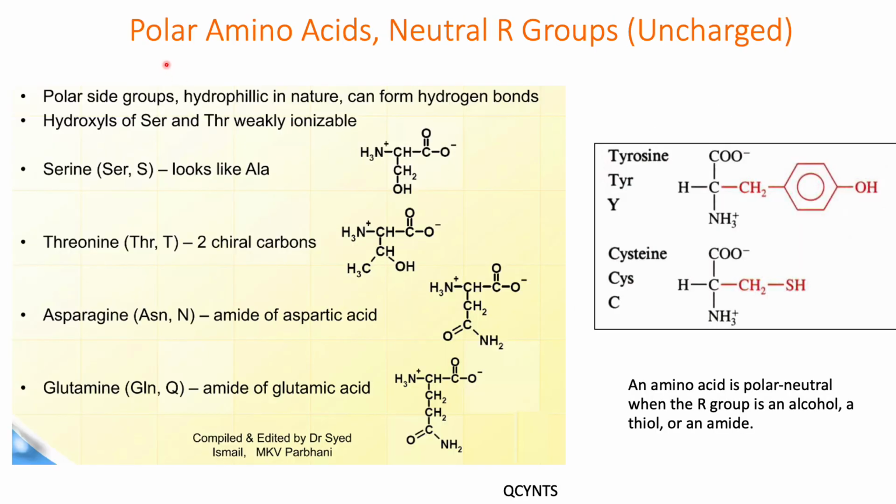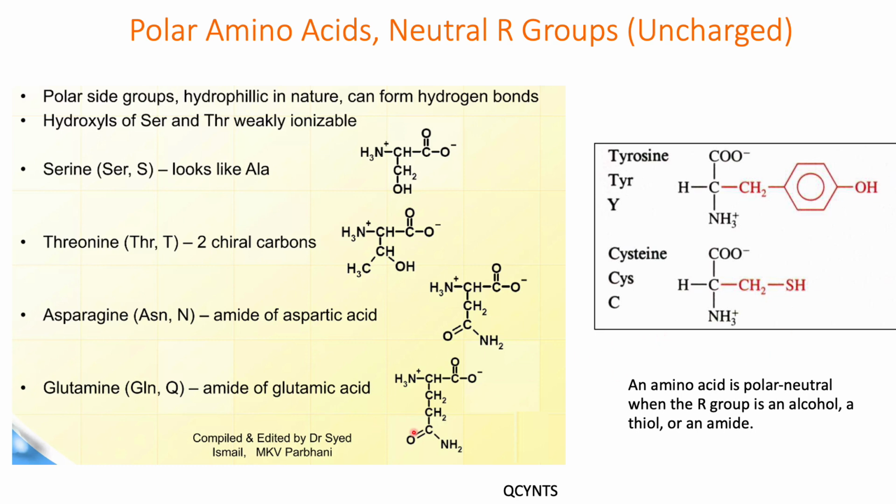So the next category is the polar amino acids, and among them we'll now look at the polar neutral uncharged amino acids. An amino acid is polar neutral when the R group is either an alcohol, that is, it has an OH group, or a thiol, that is, it has an SH group, a sulfur-containing analog of alcohol OH, or an amide.